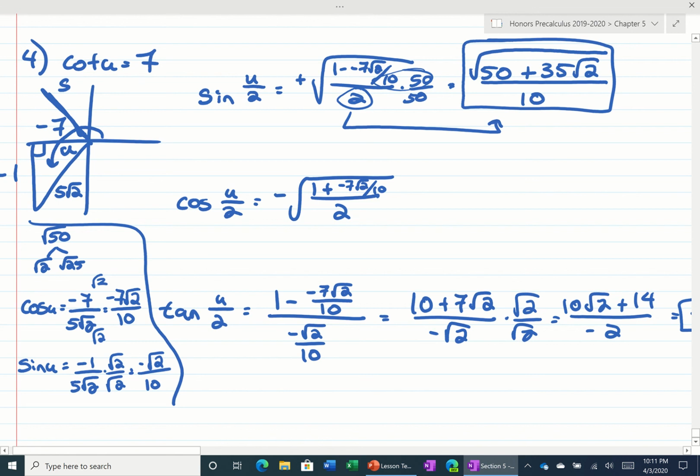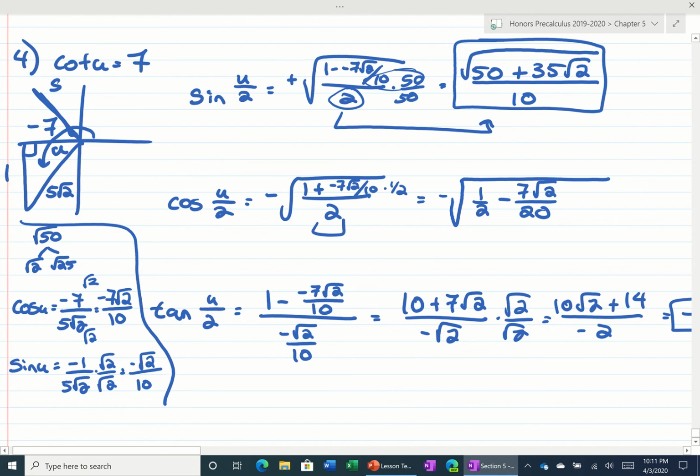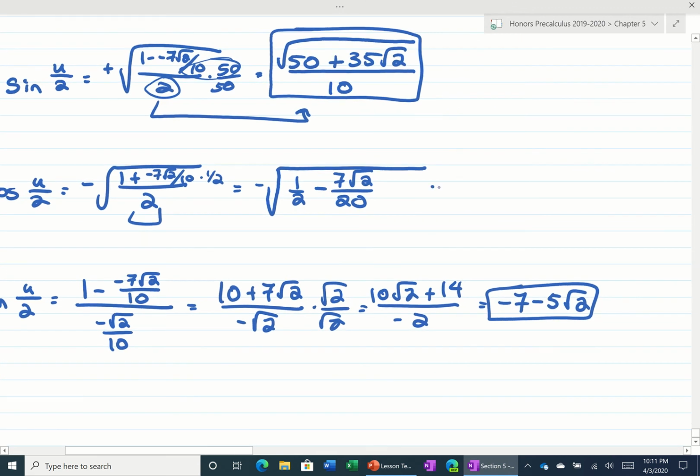Another way you could do that if you're having trouble is just multiply the top by 1 over 2 instead of dividing by 2. This would give us a negative square root of 1/2 minus 7 root 2 over 20. So let's combine fractions. I'm going to multiply the left by 10 over 10.